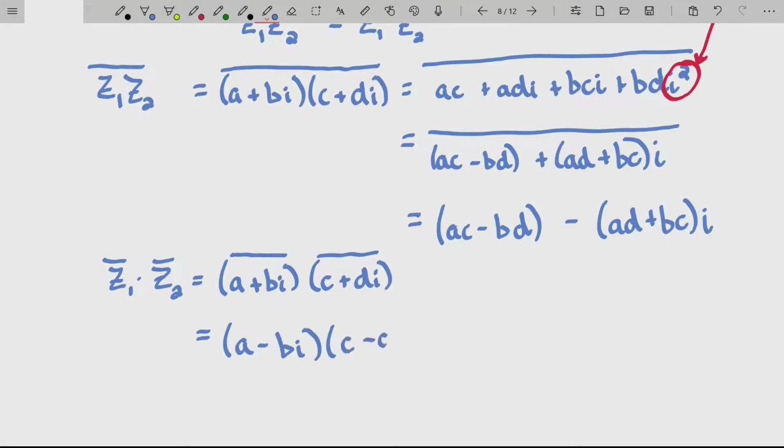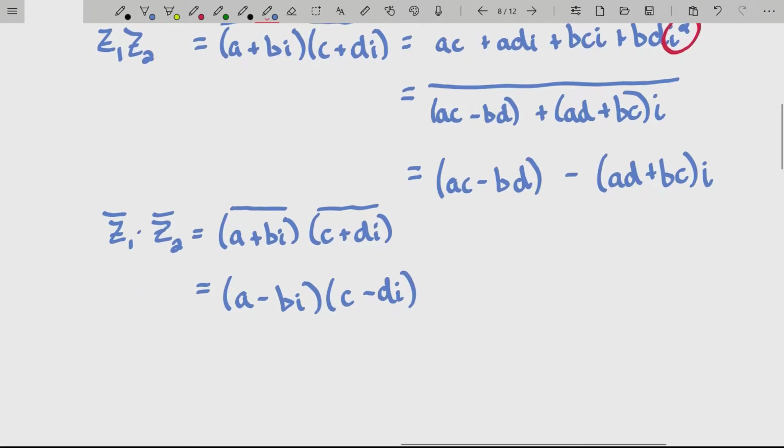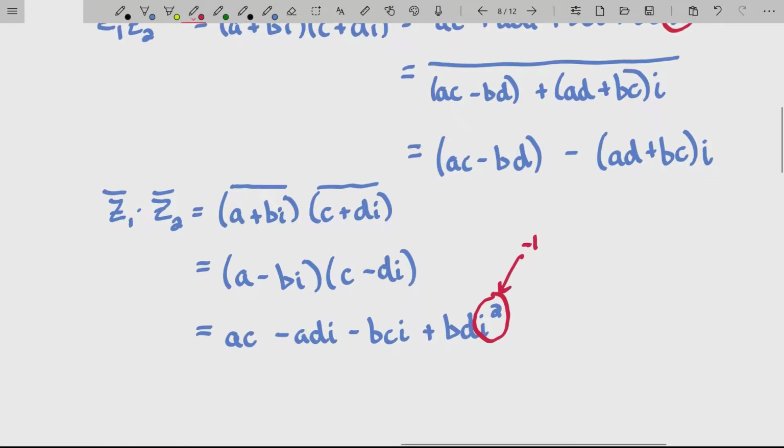So that'll be a minus bi, and this will be c minus di. Let's go ahead and multiply them together. You get ac minus adi minus bci, and then plus bdi squared. Again, i squared is again just a negative 1.